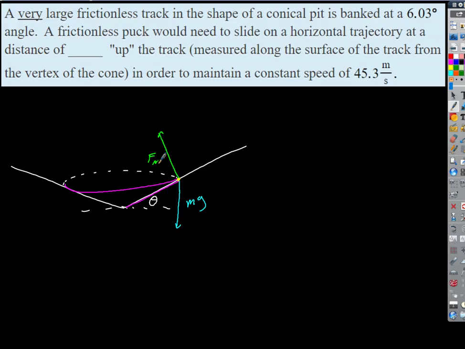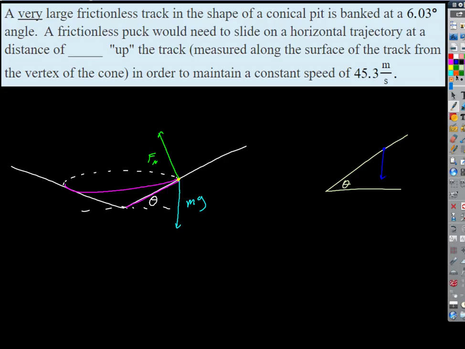Well, we have an angle, but now think about this compared to what we've done in the past. In the past, we definitely would have said we're going to go parallel and perpendicular, because the acceleration was all going to be parallel to the surface. If you look at all the forces acting, if that's theta, the only force that wasn't acting parallel or perpendicular was gravity.